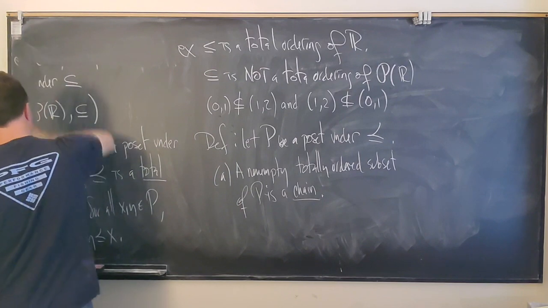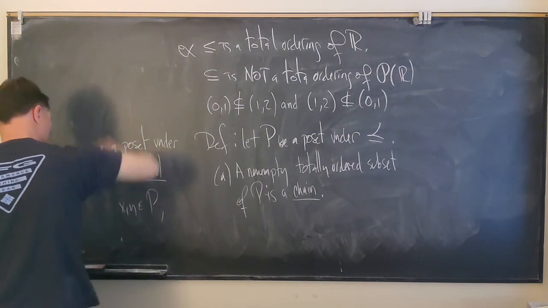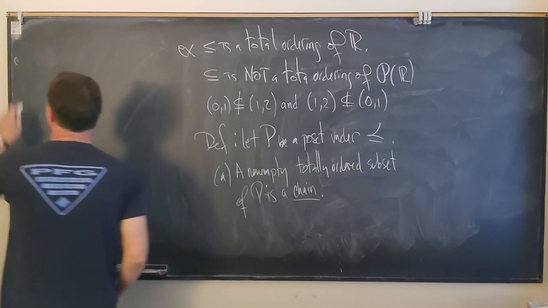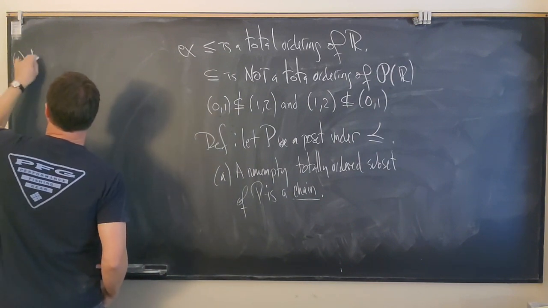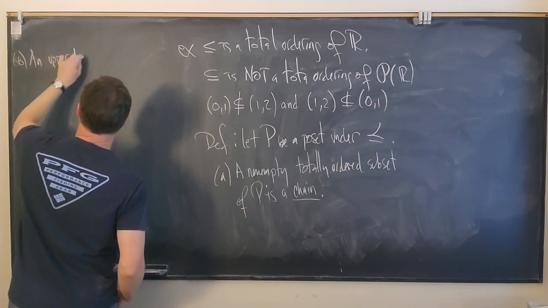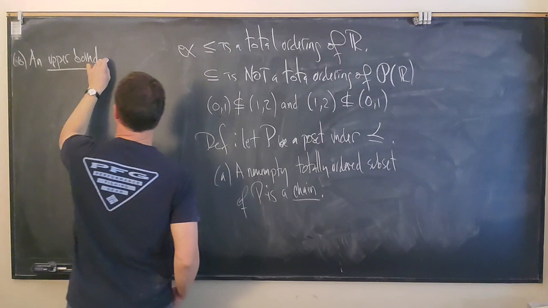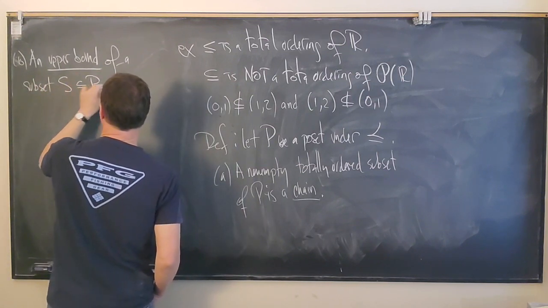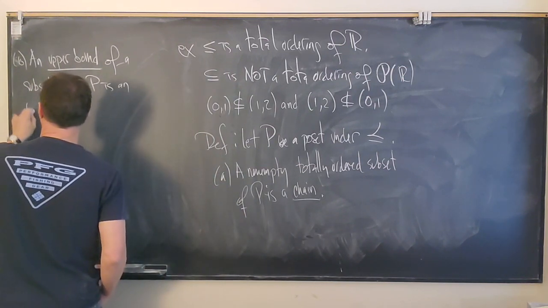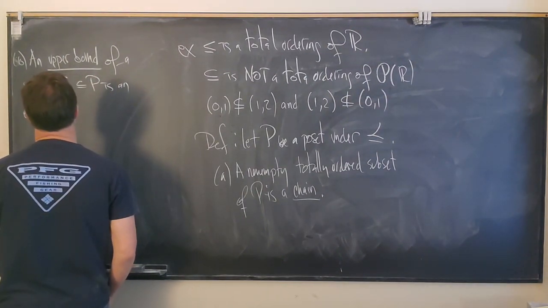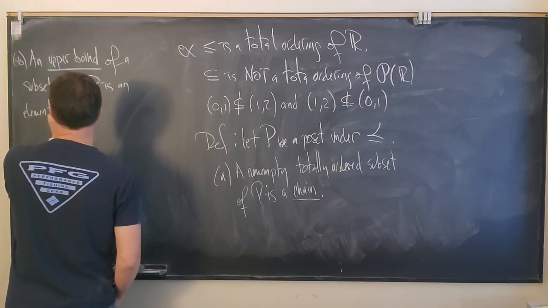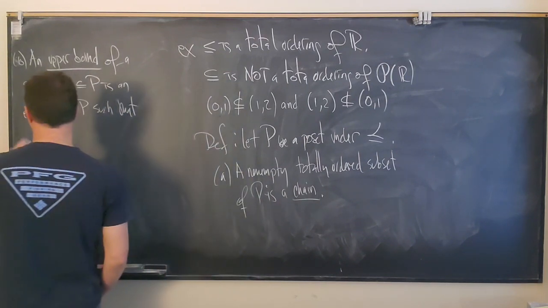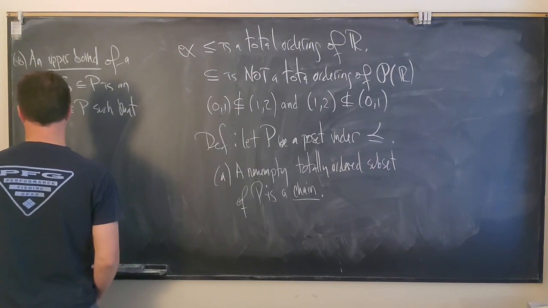Part B of this definition. An upper bound of a subset, let's say S of P, is an element little u in capital P such that x is less than or equal to u.